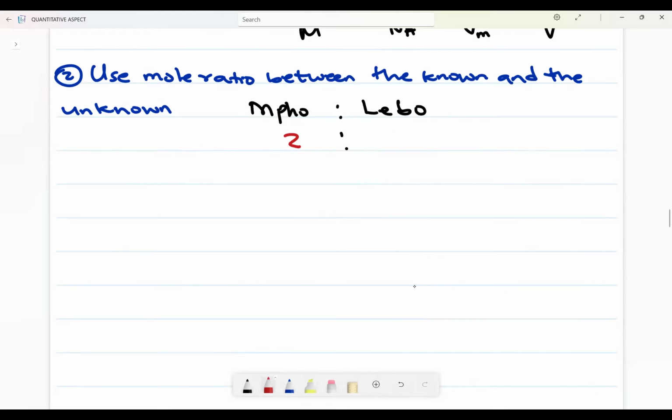Okay, let's now talk about moles. Let's say carbon dioxide and calcium carbonate. Let's say the ratio is 2:3, and we know the number of moles of carbon dioxide. Let's say the number of moles of carbon dioxide is 0.5, and we want to know the number of moles of calcium carbonate.